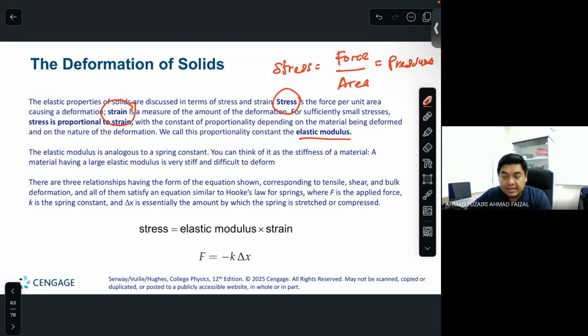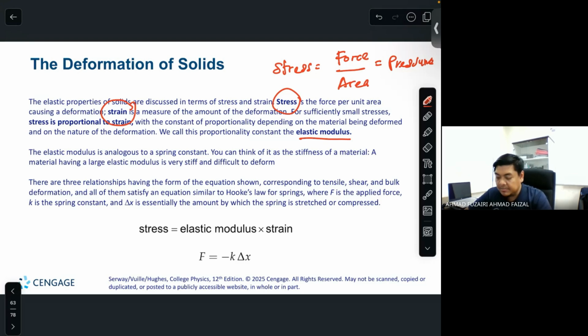As I said, elastic is the property of a material where, if you adjust something, it has the urge to return to the original position. That is what we call elastic behavior. So in this case, we use the elastic modulus.